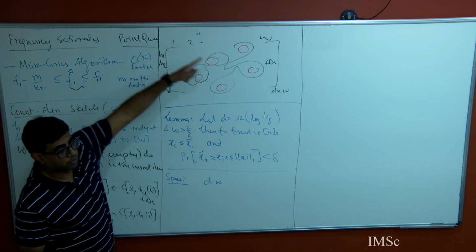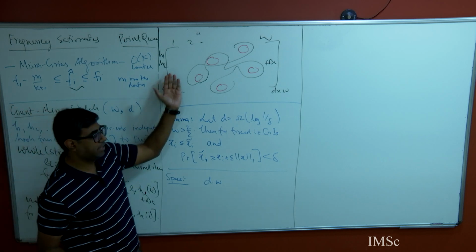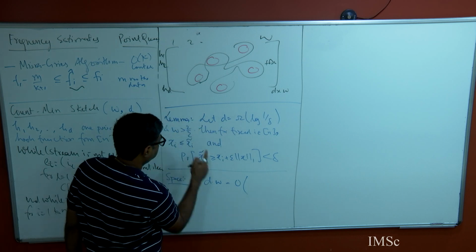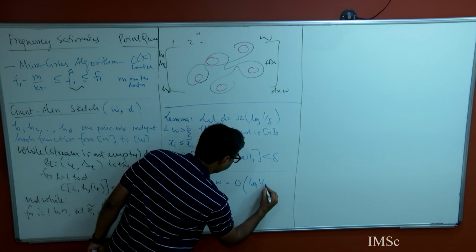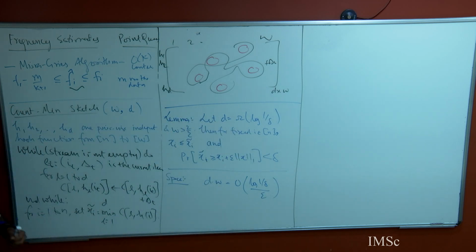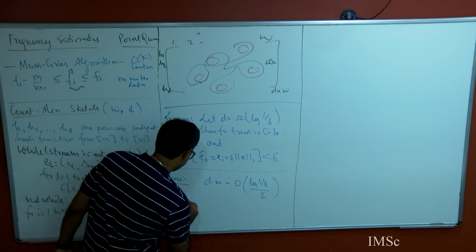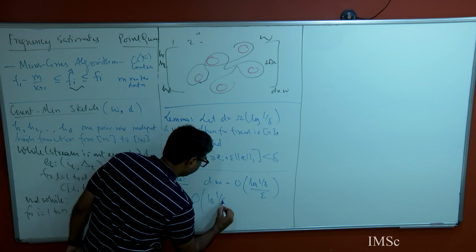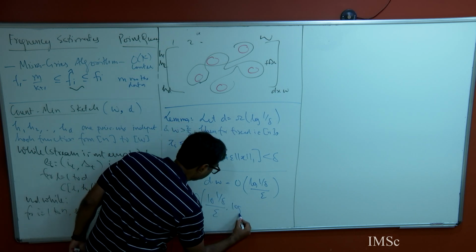This is why this matrix is useful. So the number of counters is roughly order log 1 over delta times 1 over epsilon. Hence how many bits does it take? You just multiply by log m, because there are m items which are going to come. So the number of bits these counters will take is order of log 1 over delta over epsilon times log m.